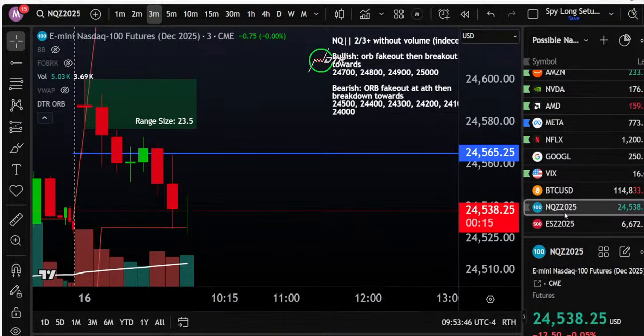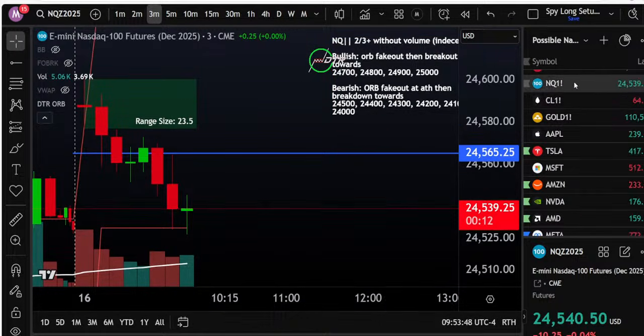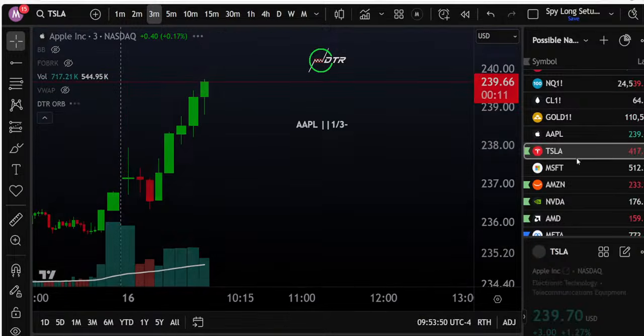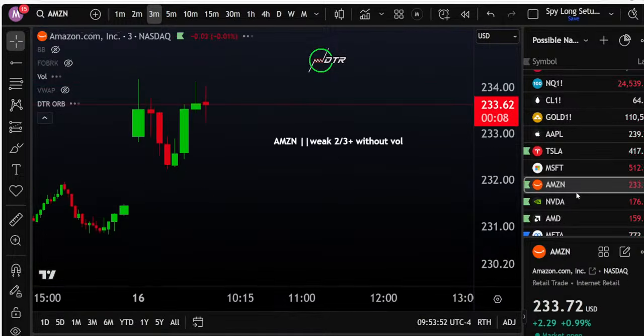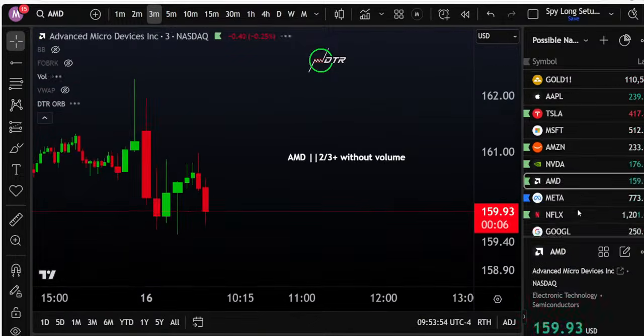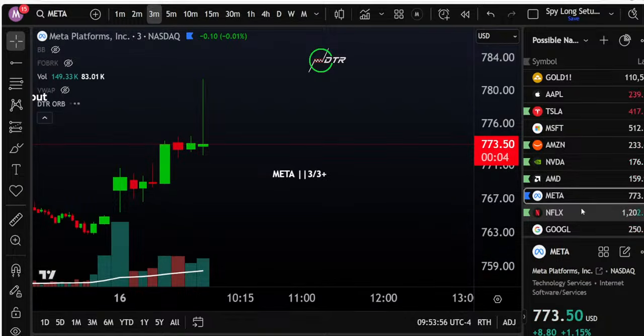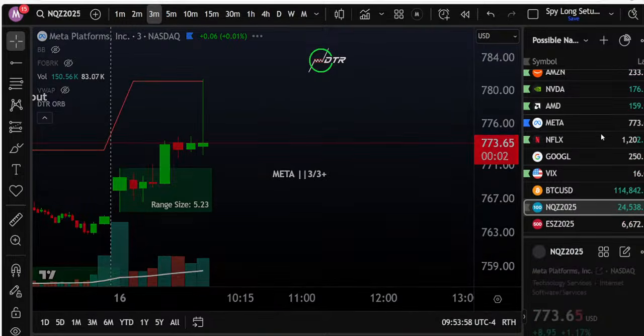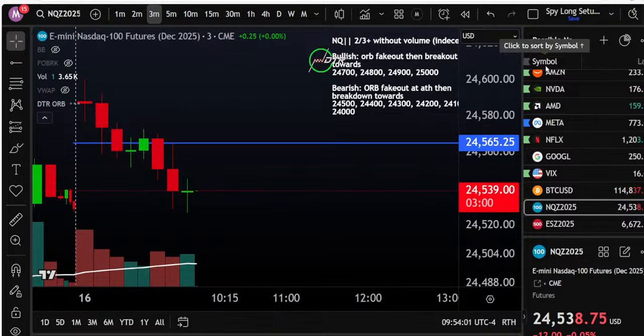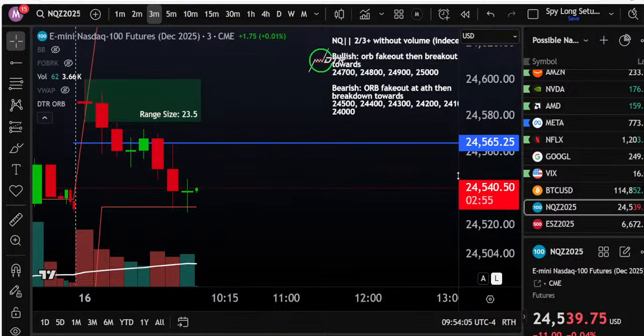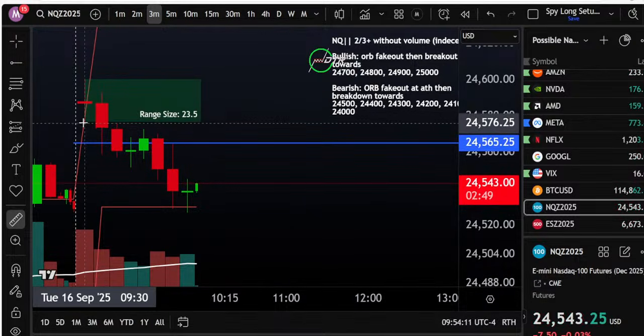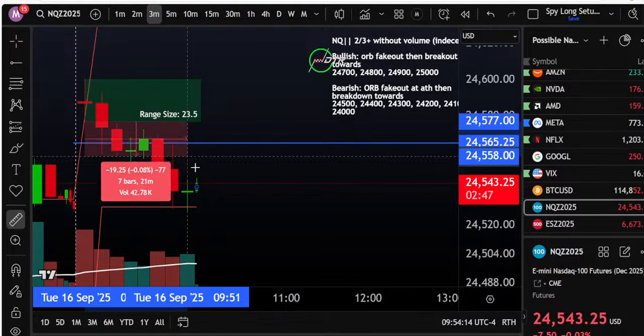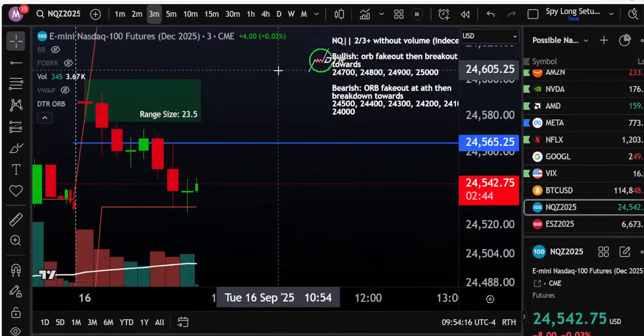This setting up as a possible reversal would be interesting. Fake out lower off the opening range, 2x target, giving us approximately one handle moves from the lows, 50 points.